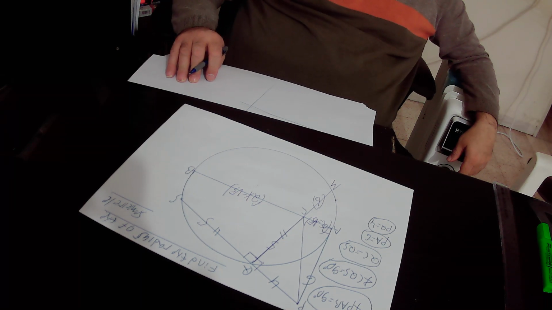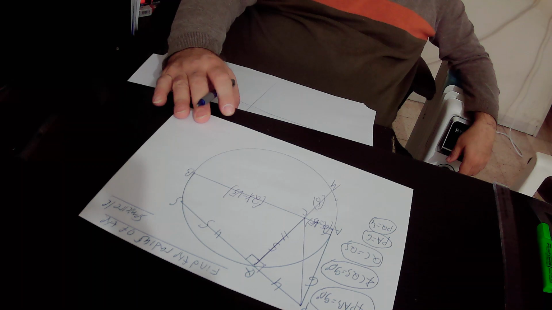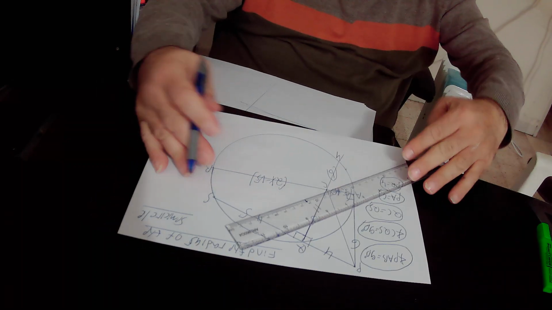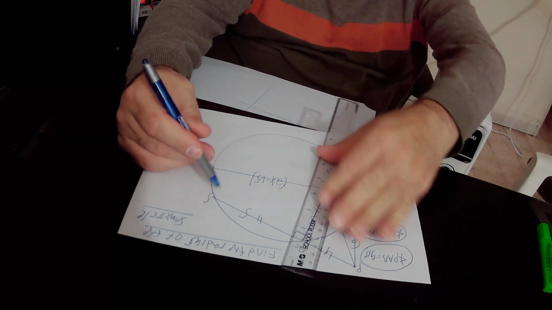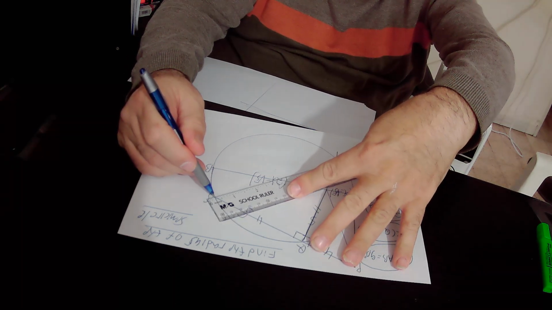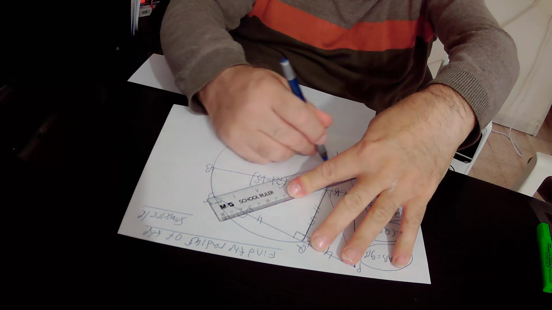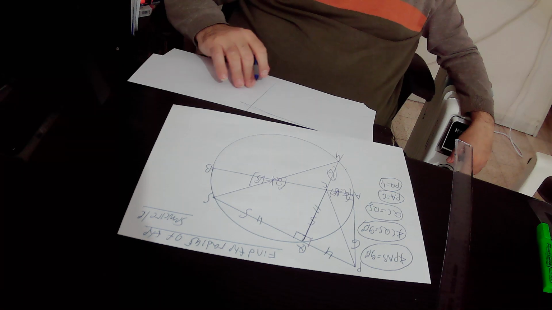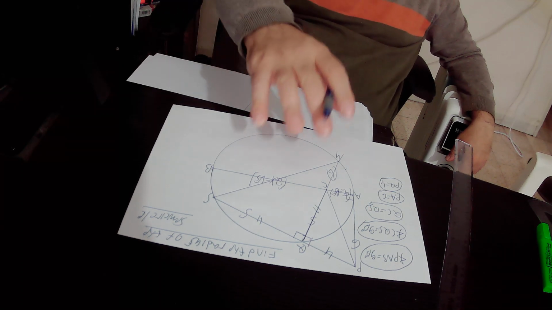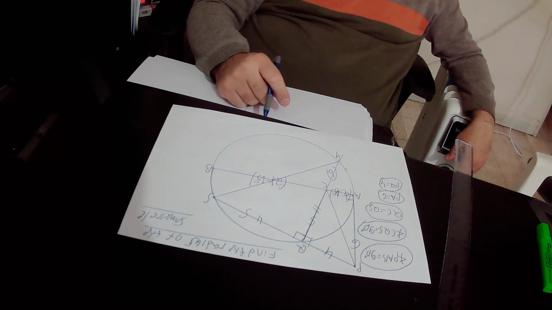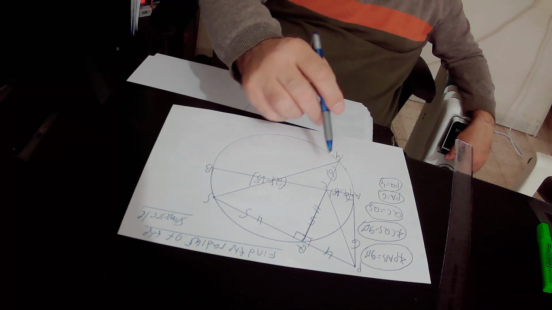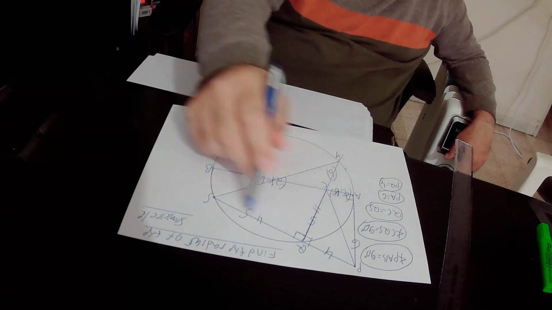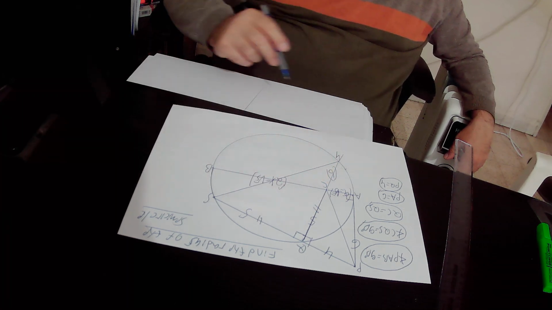In the next step, we will join points S and M together by a straight line. So here, inside this circle, we have peripheral angle MQS that is equal to 90 degrees.